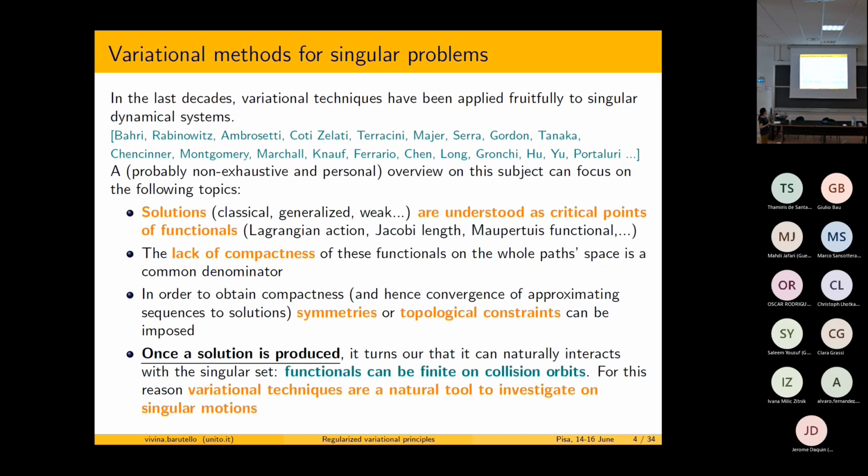So it is absolutely natural to find a collision solution when you apply variational techniques. So in some sense, variational techniques are also, from a positive point of view, a good tool to investigate collisions.